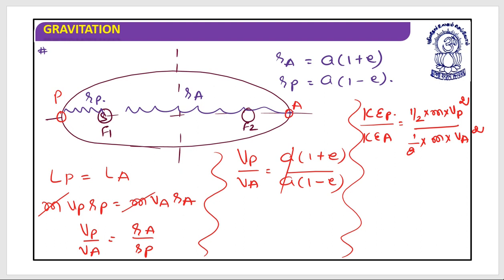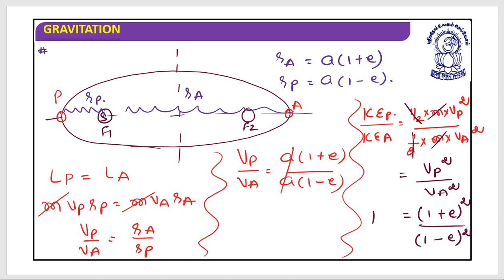The half and the m have been cancelled, so it is vp square by va square, which is 1 plus e whole square divided by 1 minus e whole square. This is the ratio of the kinetic energies.